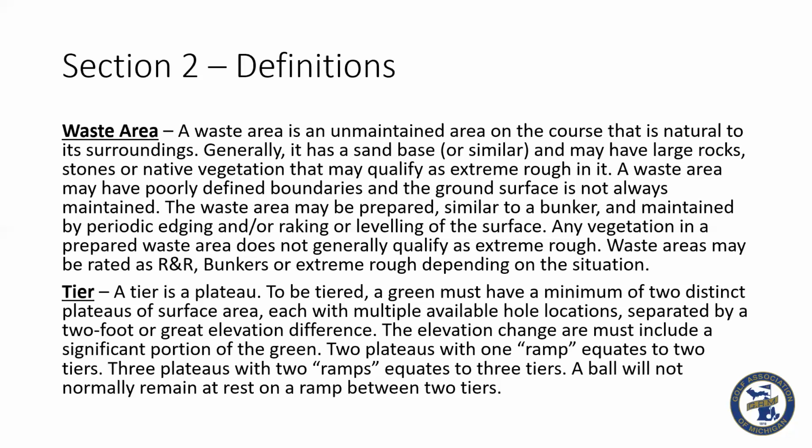So if you can get a ball to stick on that ramp, then it's not really a tier. Luckily, for most of us course raters out there, we don't need to worry about the tier. That's something that the measuring crew takes care of. We can argue with them when we get there, but typically we just take it and go with it because 99 times out of 100 they're right.